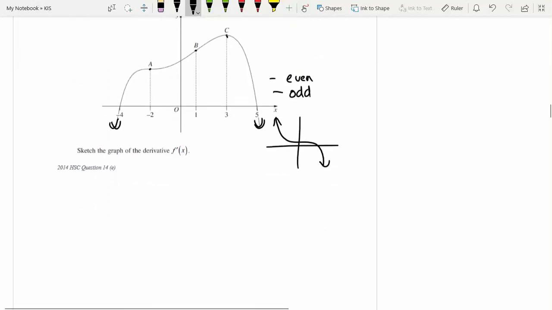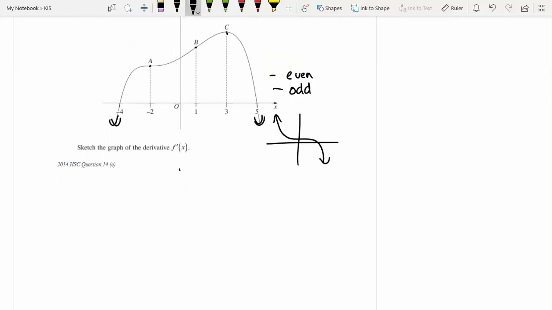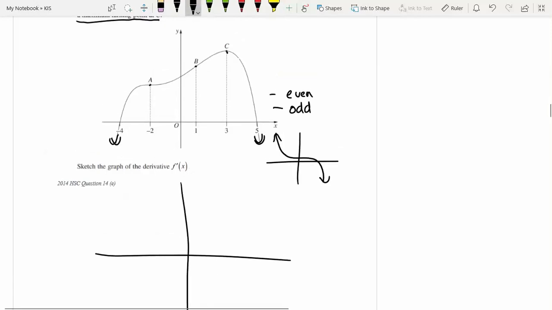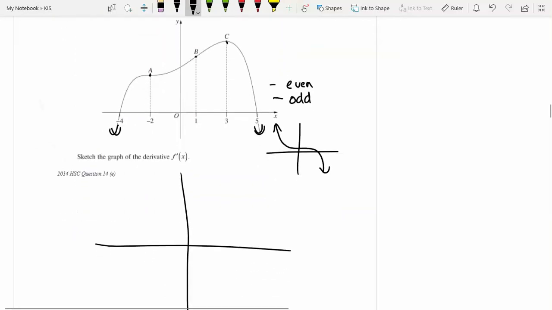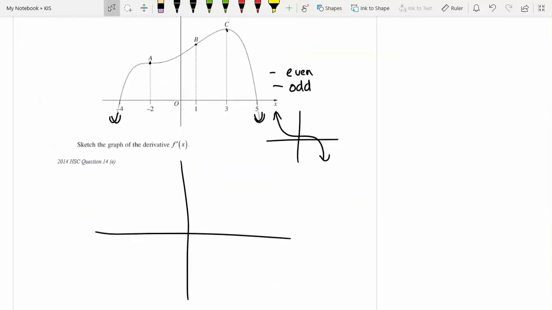Right. Let's sketch what information we know. So I'm going to try to line up my axis so we can directly copy down. So we know that there's a horizontal point of inflection at A. A horizontal point of inflection has a gradient of 0.